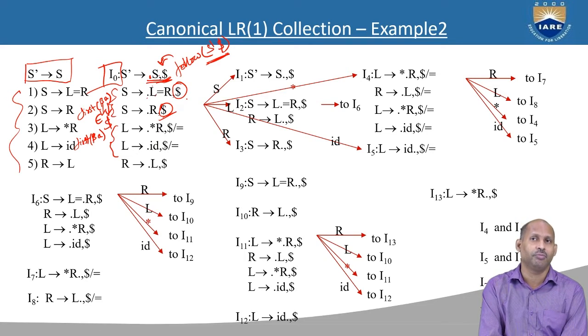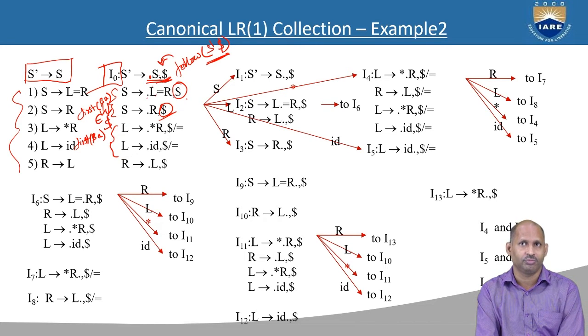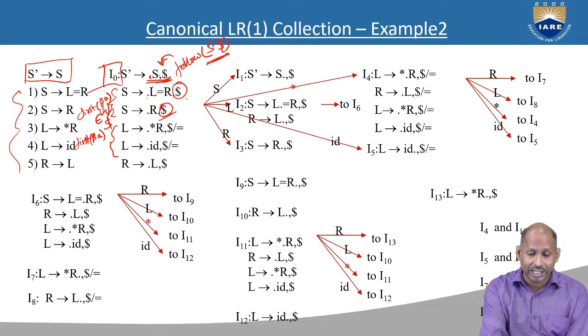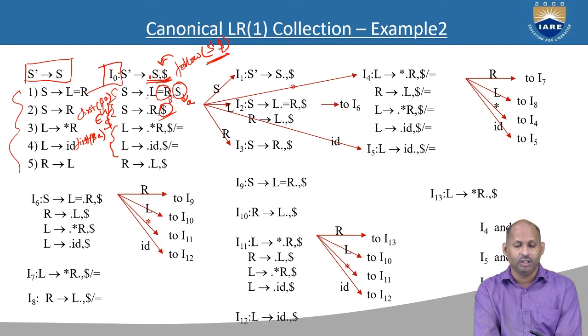First of beta A. What is that beta here? We are expanding L, so this assignment R is beta and this dollar is A.